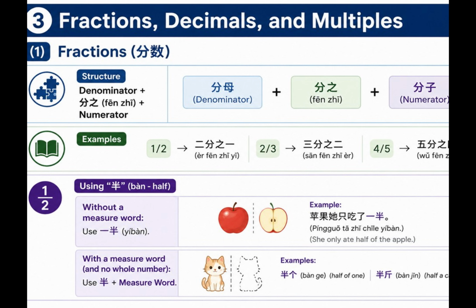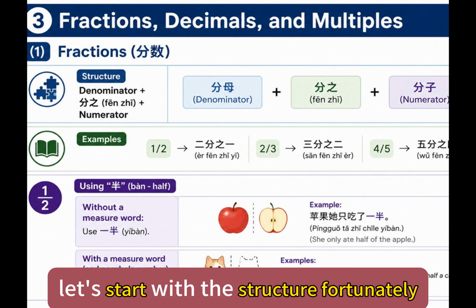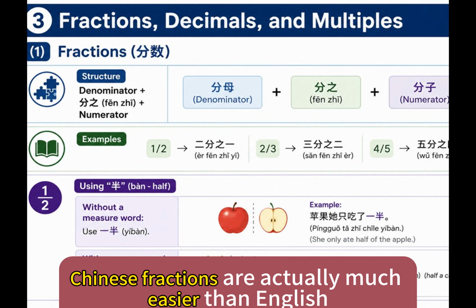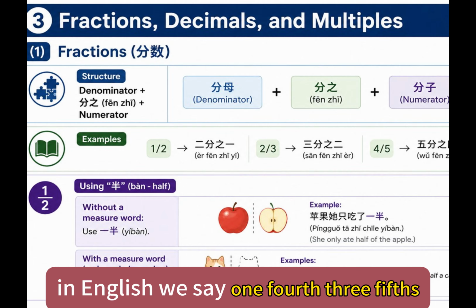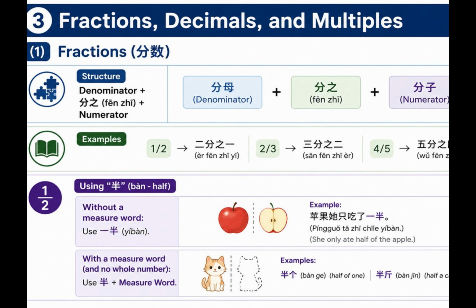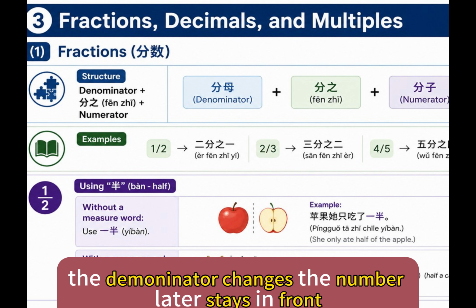Doesn't hurt. Fractions, 分数. Let's start with the structure. Fortunately, Chinese fractions are actually much easier than English. In English, we say 1/4, 3/5. The denominator changes. The number later stays in front.